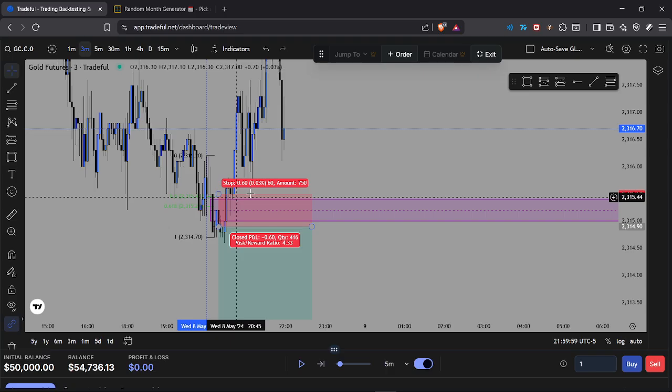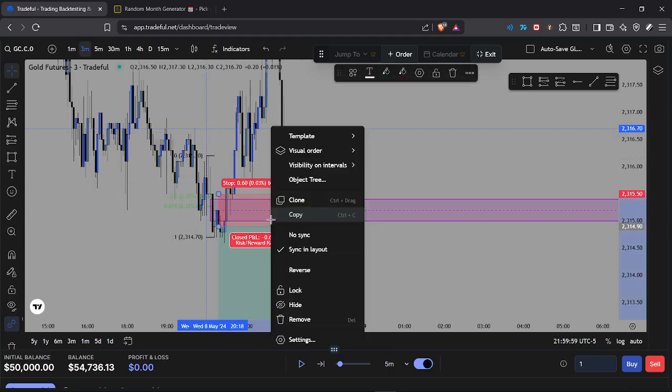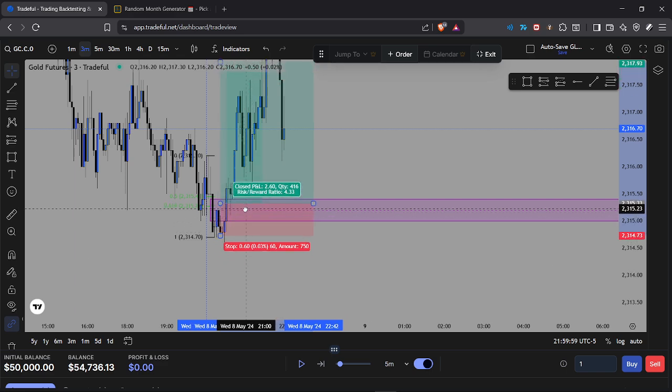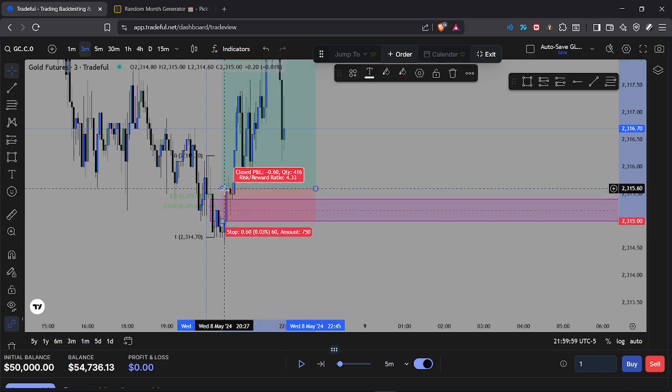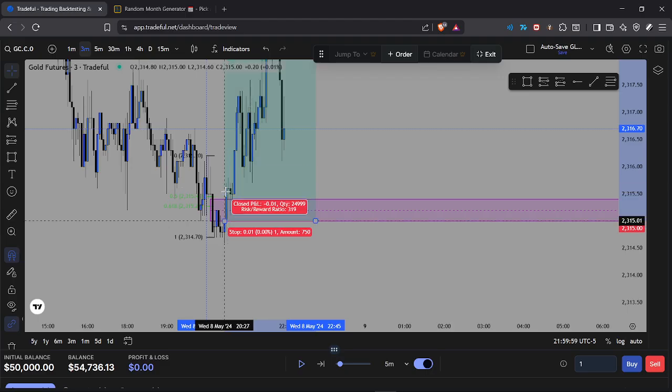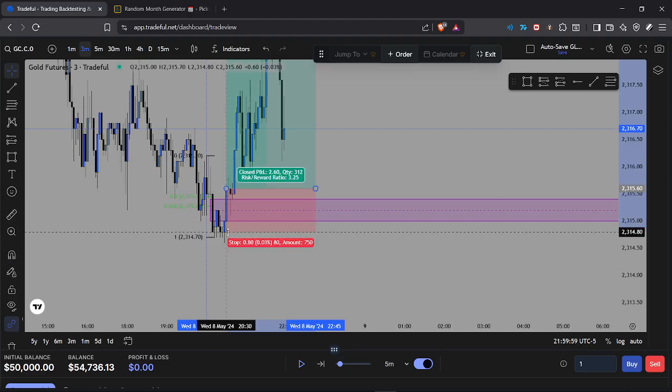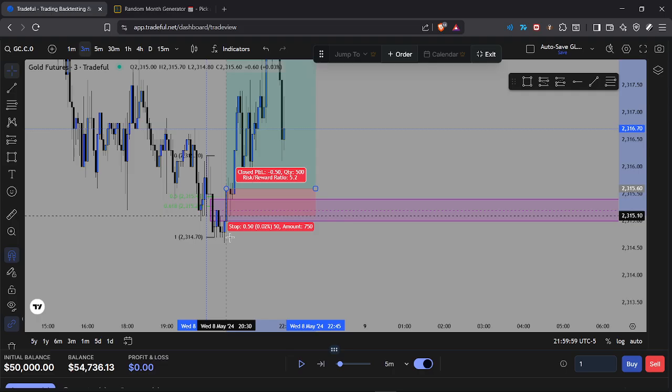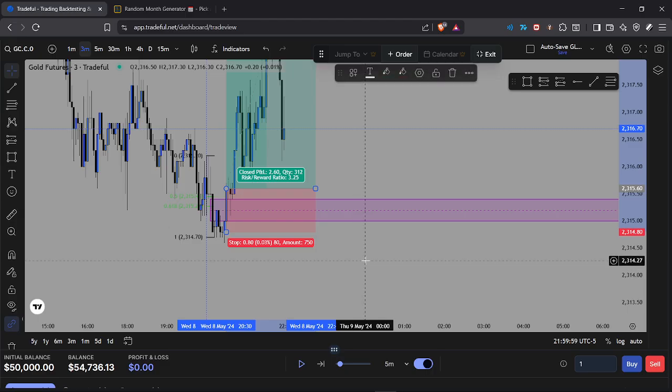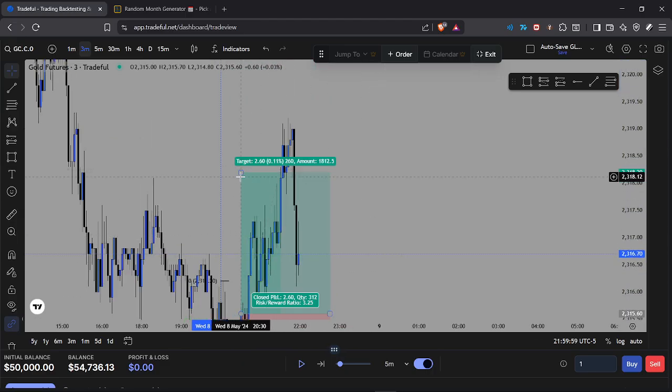Okay, he doesn't talk about it, but I think you might be supposed to do this. I think that's what he did on his backtest too. I'm not sure. Let's say you did.